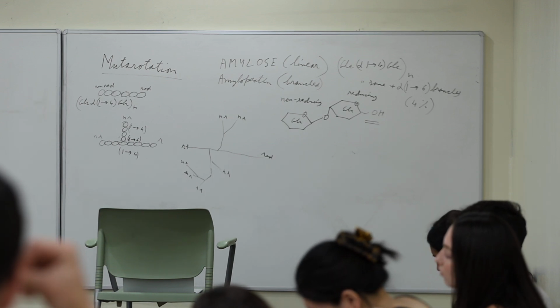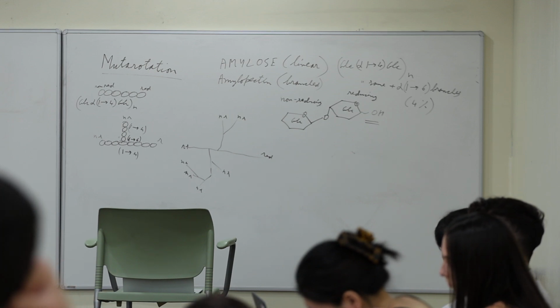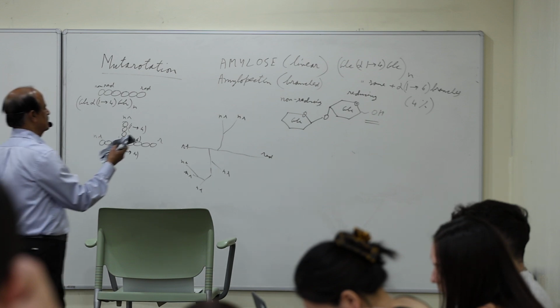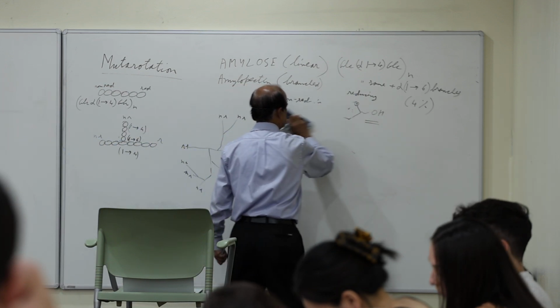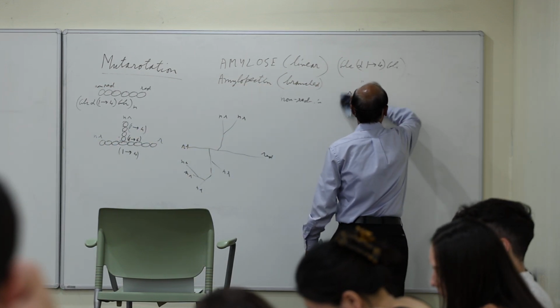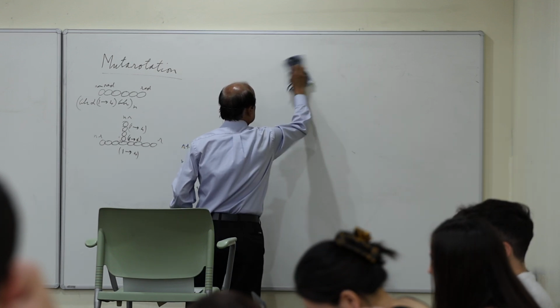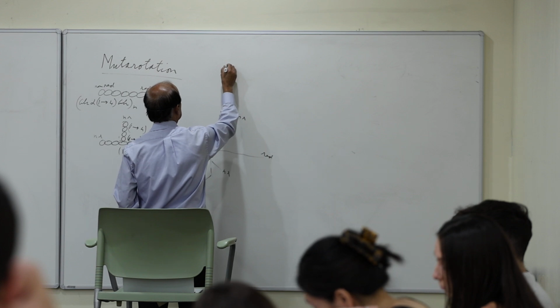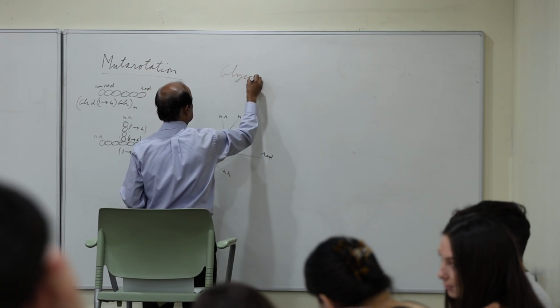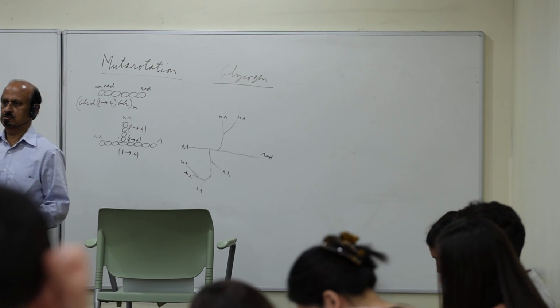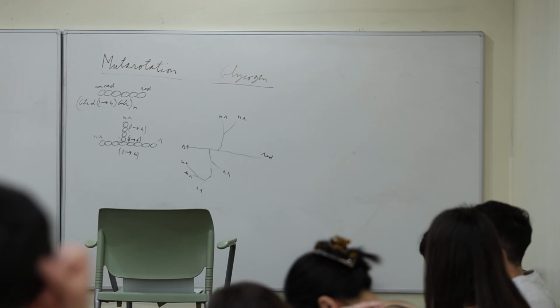So glycogen is our form of stored carbohydrate. So glycogen is the stored polysaccharide.